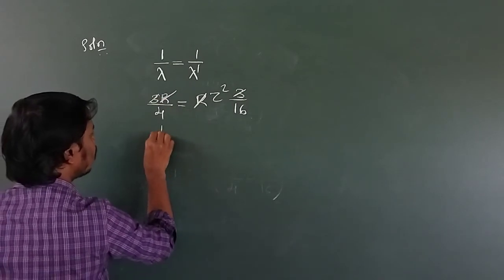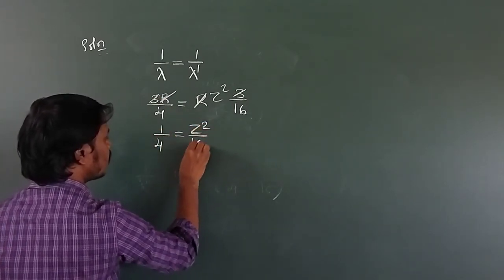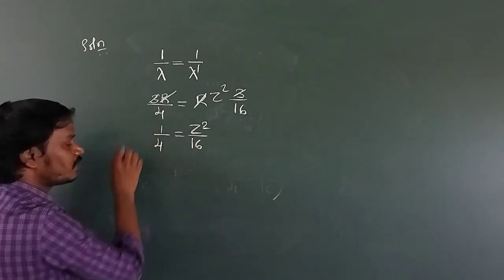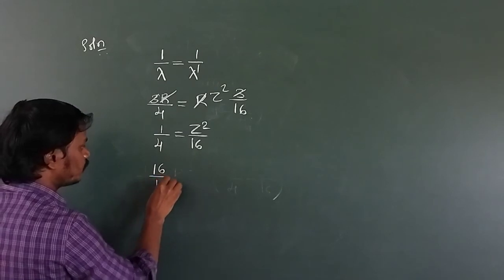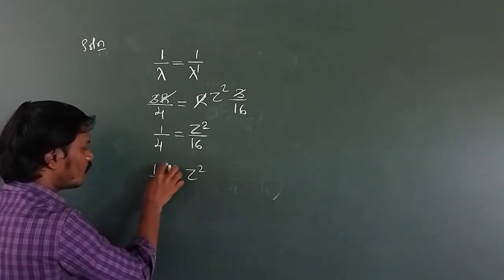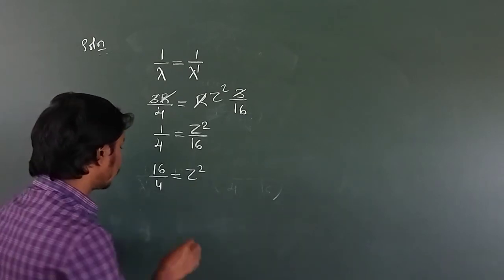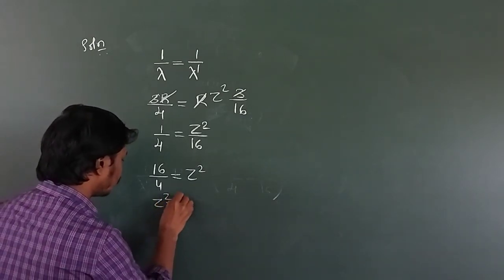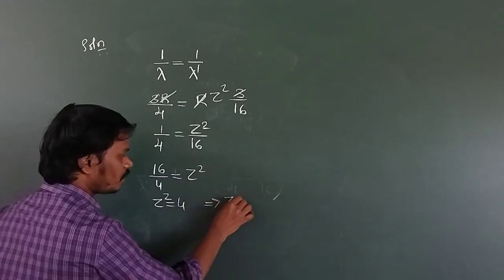Then 1 by 4 is equal to Z square by 16. I will take 16 to the left hand side, so it comes to the numerator. 16 by 4 is 4, so Z square is equal to 4. Then Z is equal to square root of 4, that is 2.